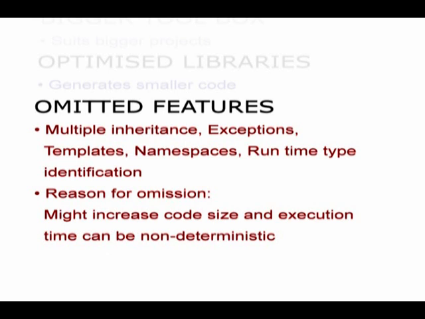These features have been omitted since they take up more memory. Also, some of these features can make execution speed non-deterministic. This has to be avoided because real-time embedded systems must have deterministic execution speeds.